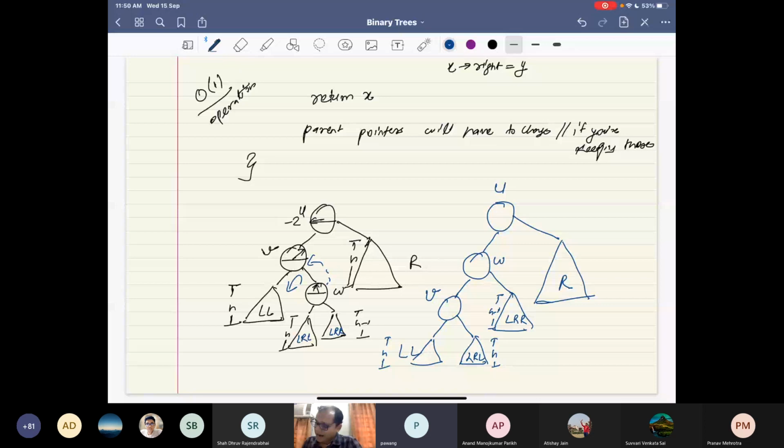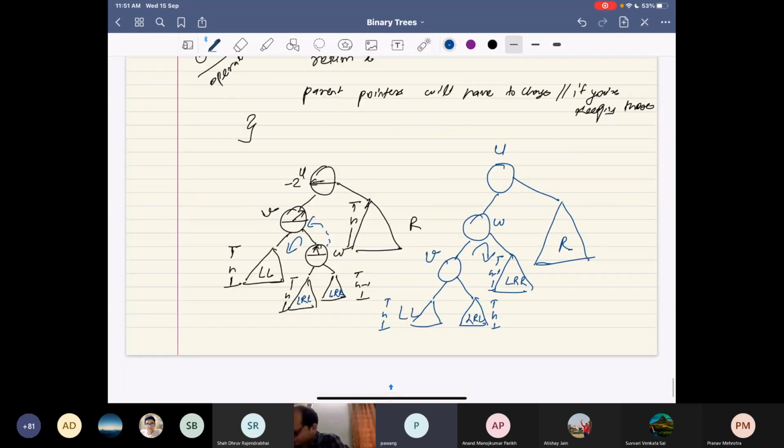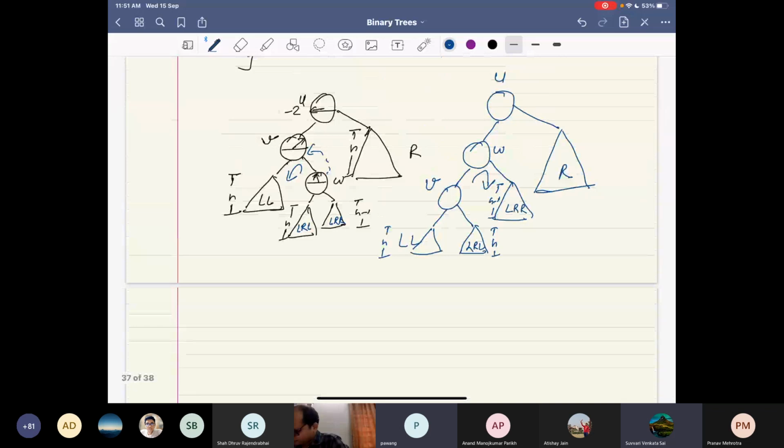I have to again do a right rotation. Sir, we will get back to the original configuration if we do right and then again left at the same position. Oh, I'm sorry.